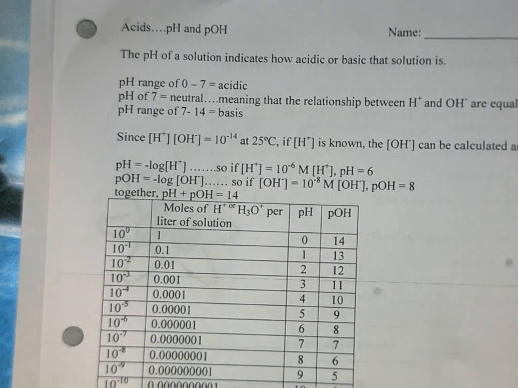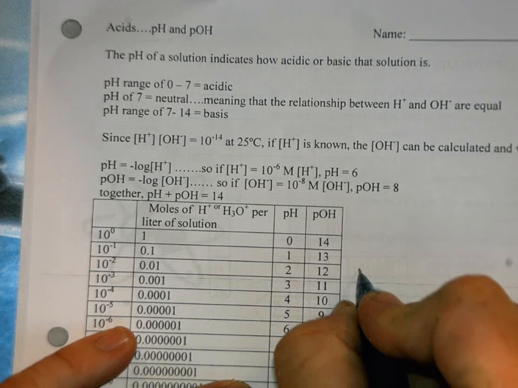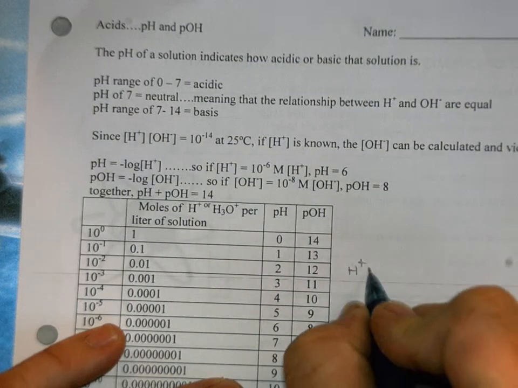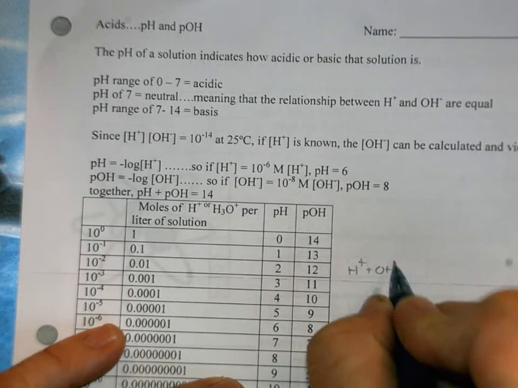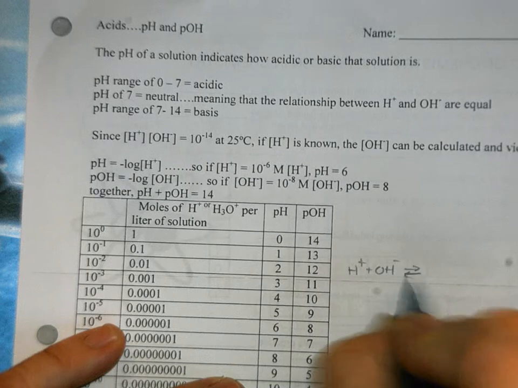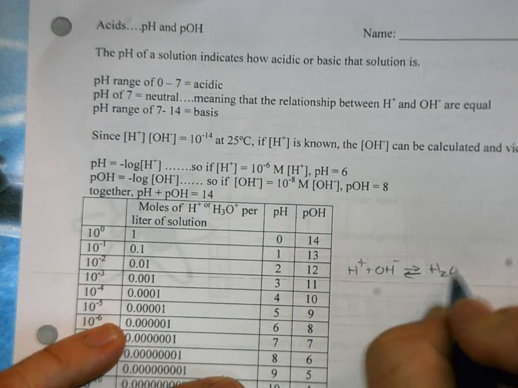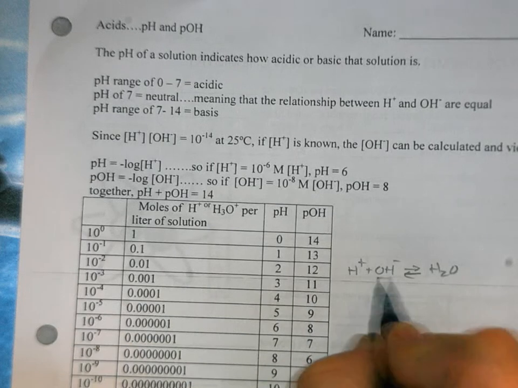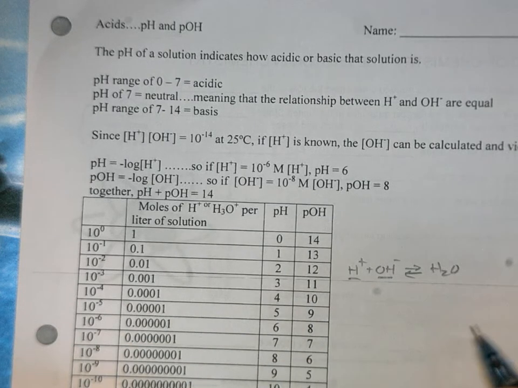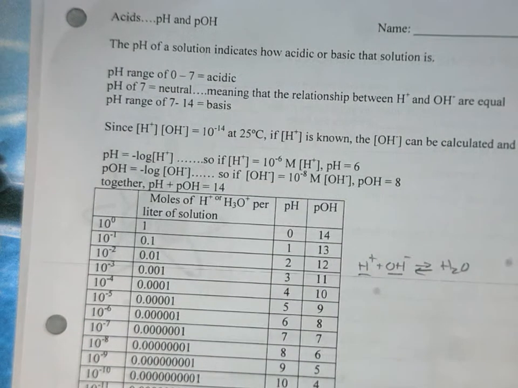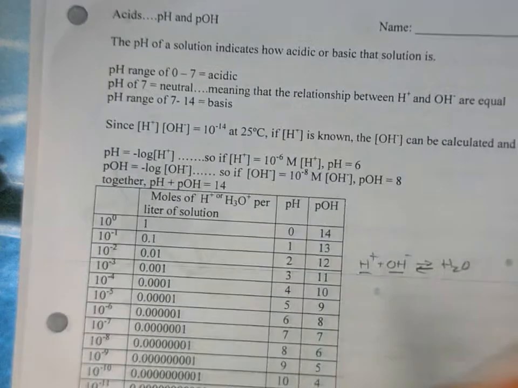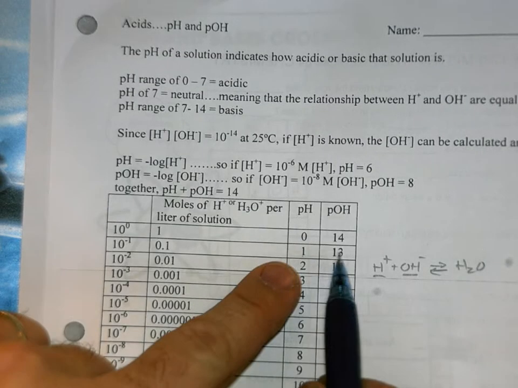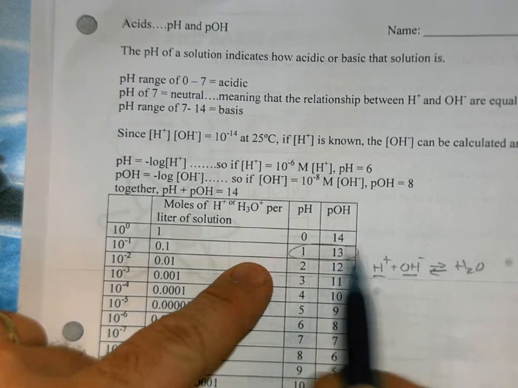And again, remember that in a reaction, you've got hydrogen ions reacting with hydroxide ions, and they're in an equilibrium where this is basically happening like this. They're going back and forth constantly, so you're going to have some hydroxide and some hydrogen ion in the reactions. So when you look at this chart, pH of 1, pOH of 13, these have to add up to 14 always.